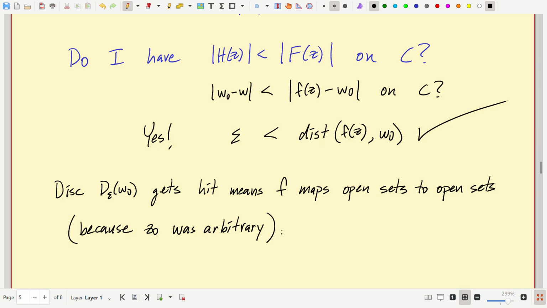Questions about that? It's kind of a theoretical moment, but it's not hard, and Rouché's theorem makes it particularly easy. I could have proved it using Cauchy integral formulas and lots of epsilons and deltas and stuff. It wouldn't have been nearly as fun.